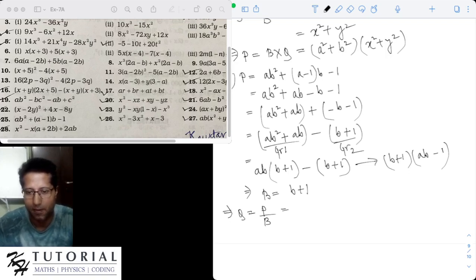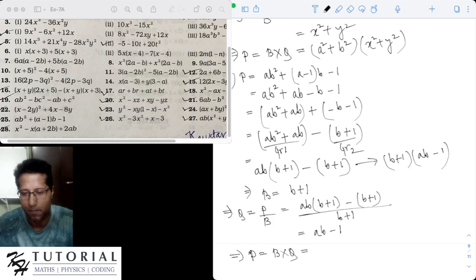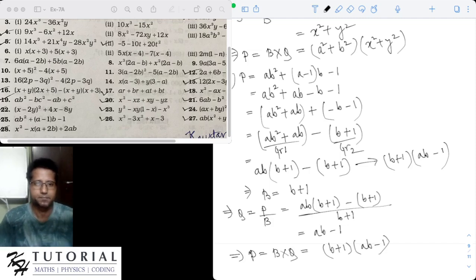So p by b is ab times b plus 1 minus b plus 1, divided by b plus 1. This is equal to ab minus 1. Hence the factorization of p will be equal to b multiplied by q, which is equal to b plus 1 multiplied by ab minus 1.